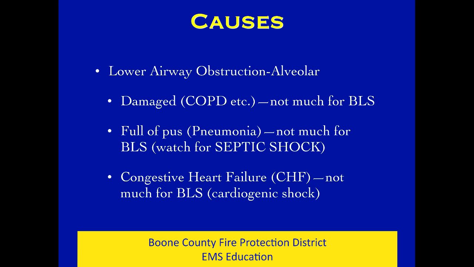Pneumonia basically means your alveoli are full of infectious fluid, infected pus type fluid. And again, there's just not much at the BLS level that you can do. Some of those patients will turn into septic shock patients, which we deal with in the next lesson. But pretty much like COPD, there isn't a whole lot you can do for these folks.